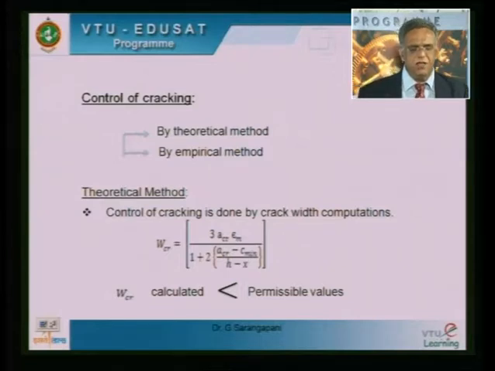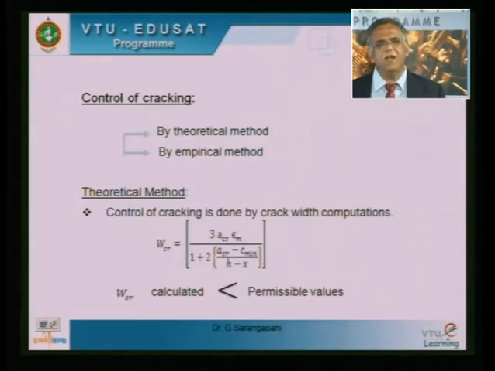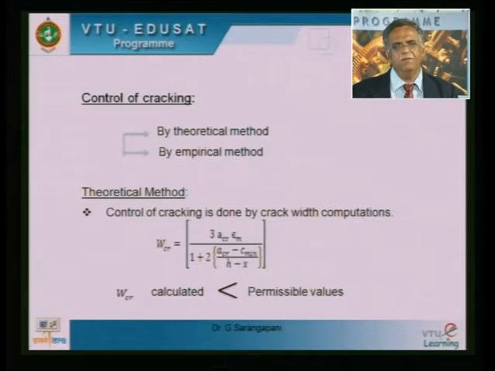Compute the crack width based on that formula. If this calculated value is lesser than the permissible values already discussed, then this method of control of cracking is known as the theoretical method.